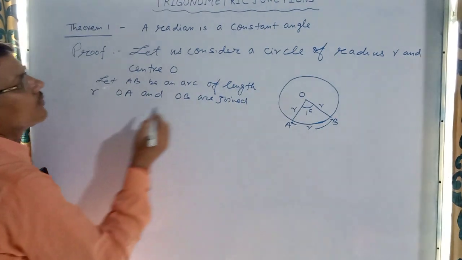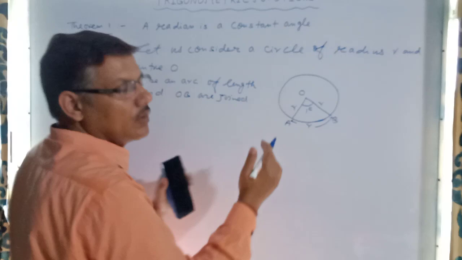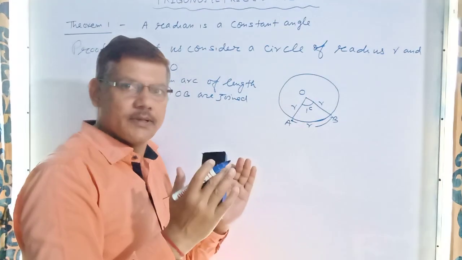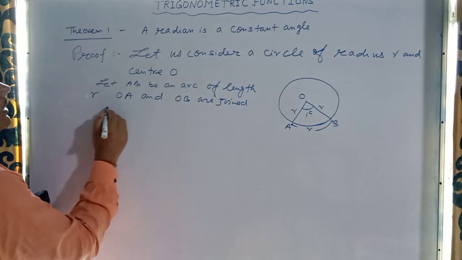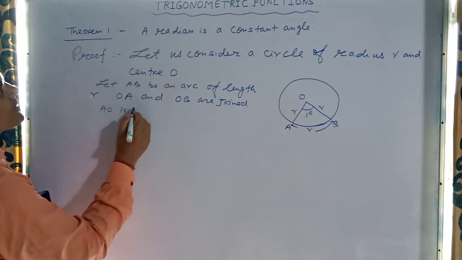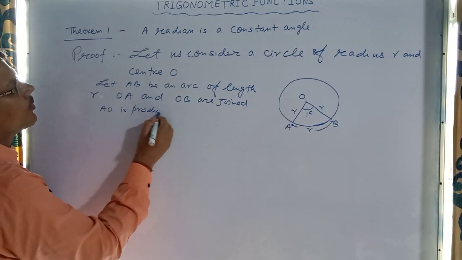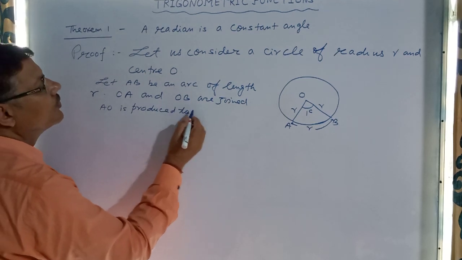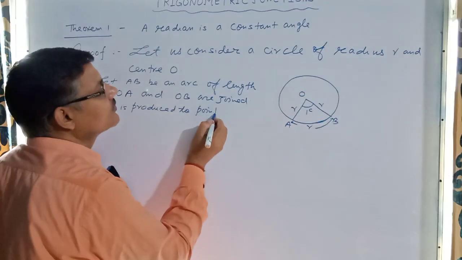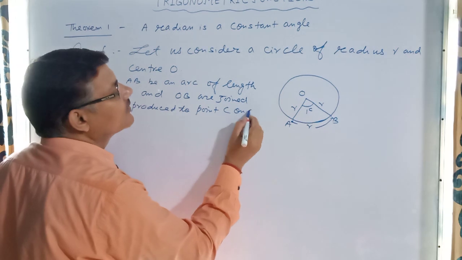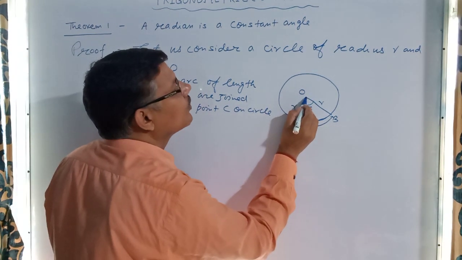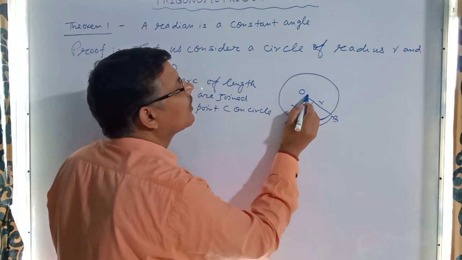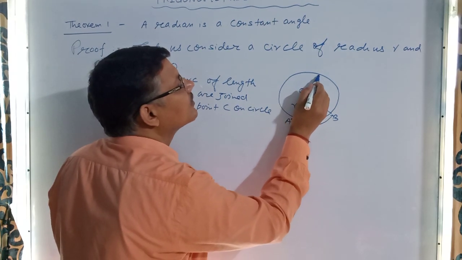One more thing we want to do: we want to create one more known angle whose measure we can know by the definition. So AO is produced to point C on the circle. So we produce AO to C.